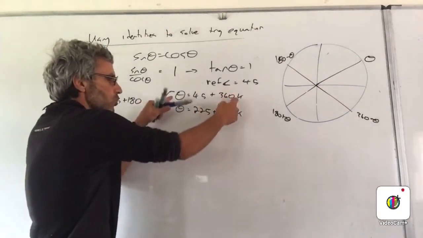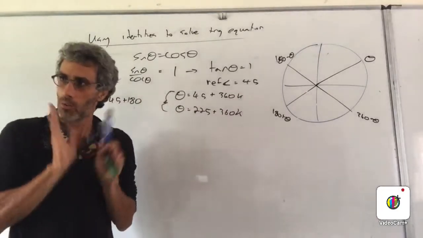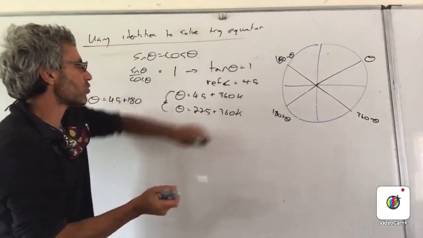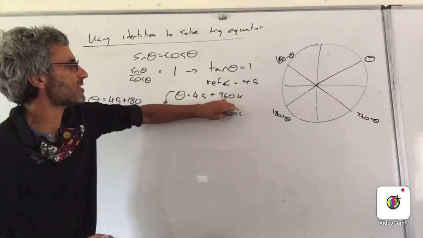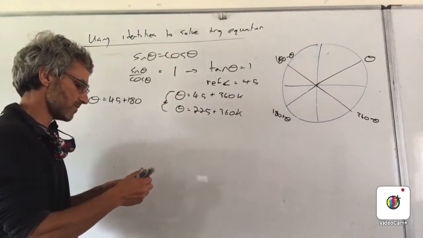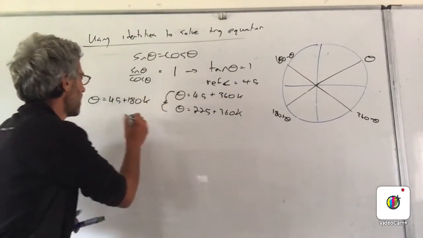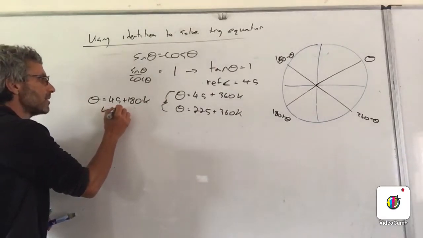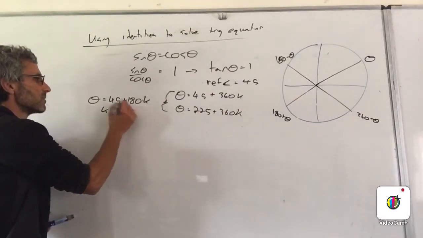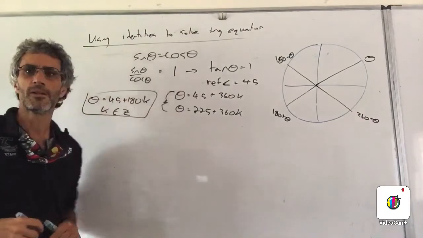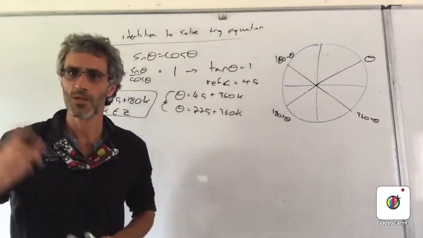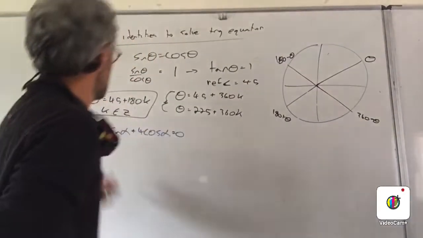You can write those two solutions and combine them, or only when it comes to tan, just write the first solution but instead of 360, put 180k. Obviously, I need to write the k, and k belongs to Z. So that's the answer. Pretty easy, right? I'll pause here, we'll move to the next one.